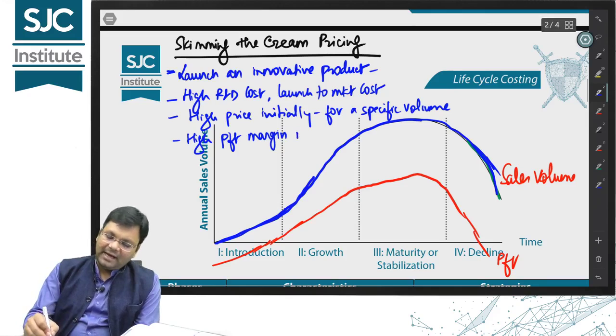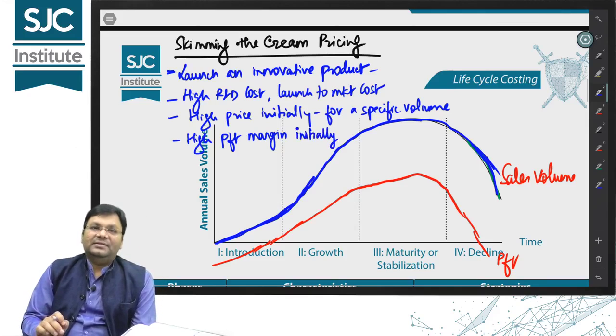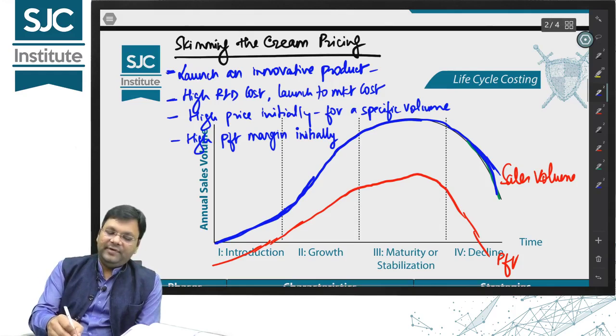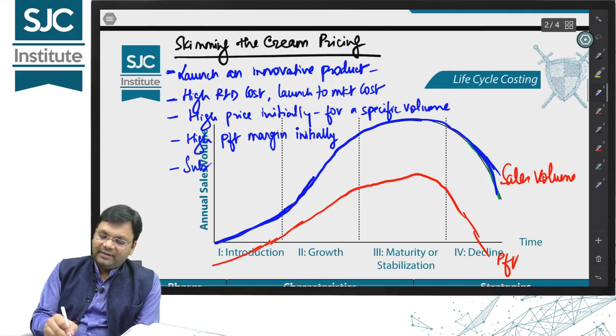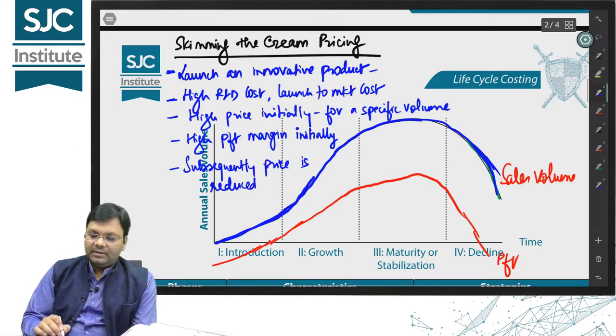Initially the high margin is there, and subsequently, when we realize that sales are not increasing further, what we do is we reduce the price to attract more market. Okay, so once the price is reduced, what happens?